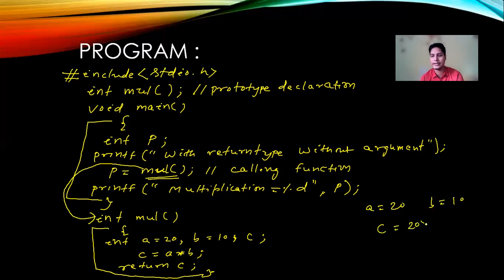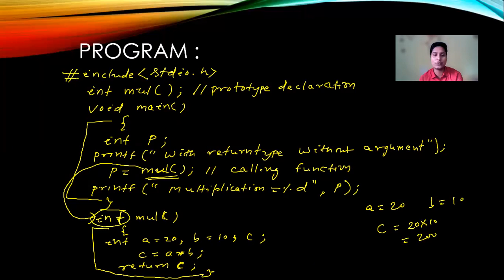That will be 20 into 10, which will be 200. Then it will return, because we are declaring int mul. That means this will return something. Which type of value? It will return integer type of value.